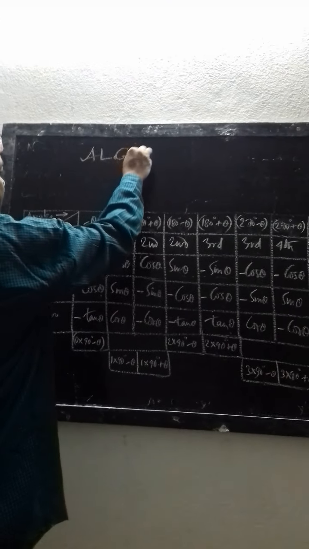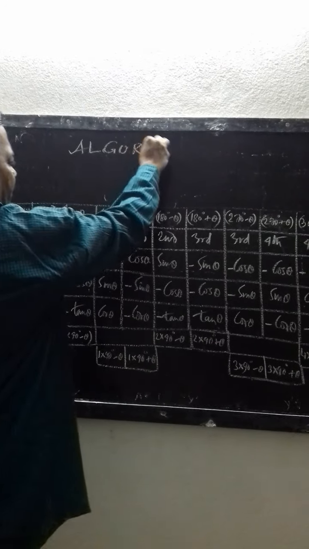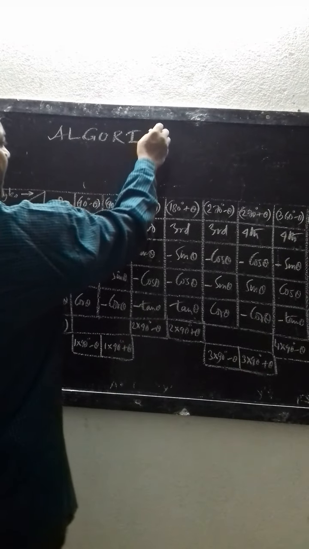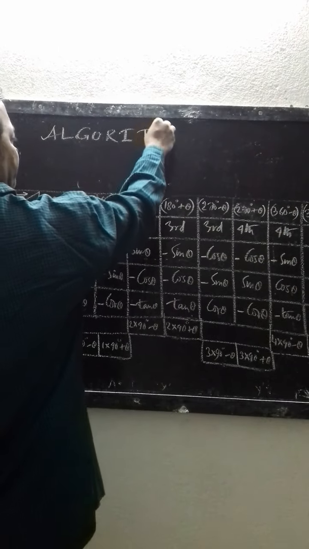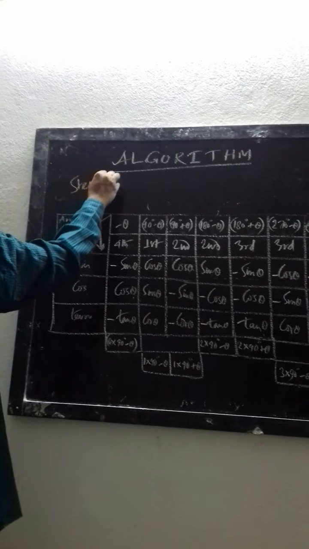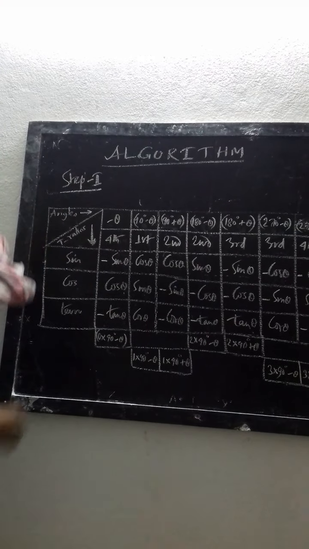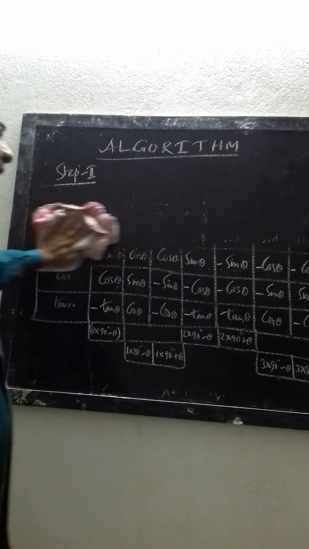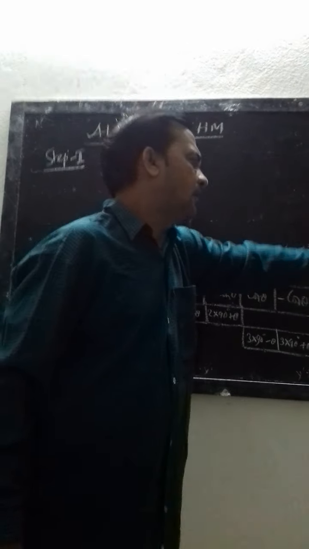Now the algorithm for finding any angle associated to a positive acute angle theta. Step 1. At first we have to see whether the given angle is positive or negative.